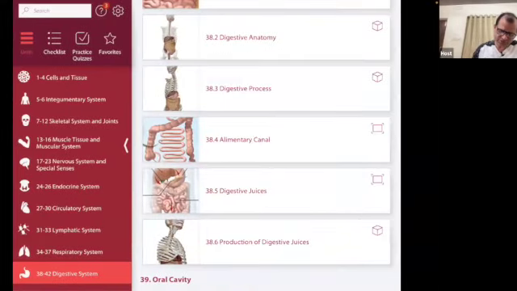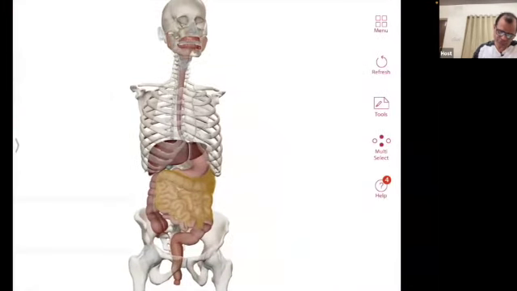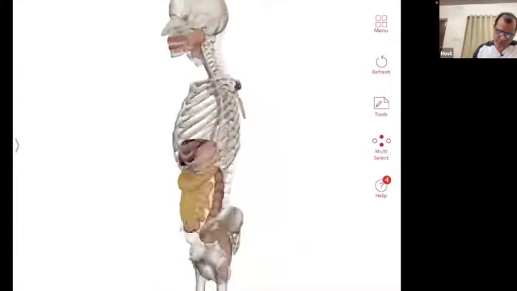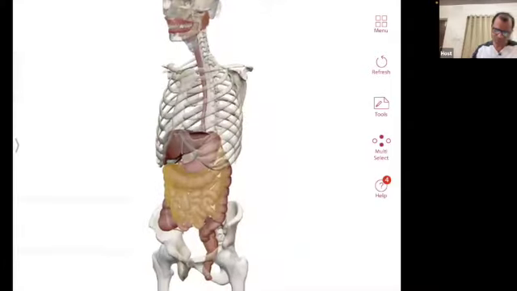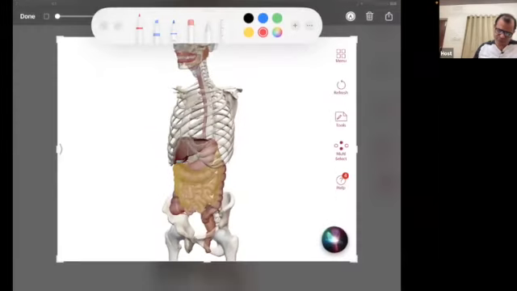The food is passing through the various body parts. Like food is passing from the mouth, then coming to the food pipe, then coming to the stomach, then coming into the duodenum, the next part of the stomach.